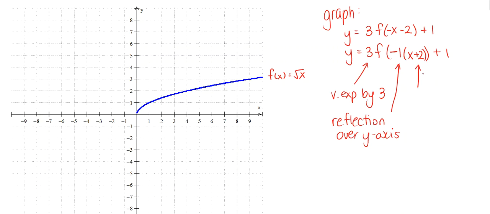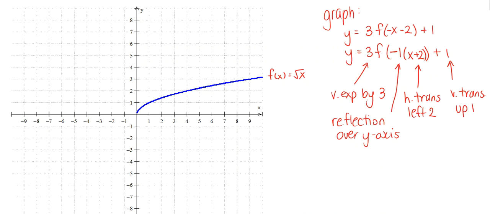We have our plus 2 here, so technically it is a horizontal translation, and we're going to be going left 2. And then we have a vertical translation, and then that will be going up 1.